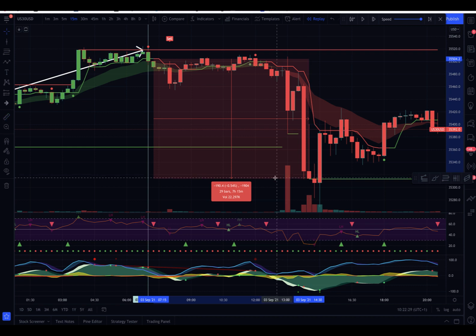Well, look guys, it looks easy, but you need to practice. If you practice this every day for, let's say, the next month, like on a demo account, I can guarantee you will not be winning every single trade, but you will have many more possibilities to be profitable than right now.